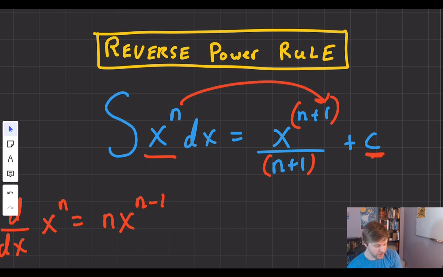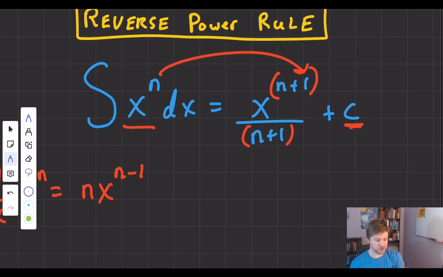Now, we can check that this formula will work. Remember, this is called the integrand. Here is how you can check your integrals after you've calculated them, at least your indefinite integrals like this. You can take the derivative of what you get, and if it becomes the integrand, if you get that back, then you know you did it correctly. So for example, let's take the derivative of the right-hand side of this formula.